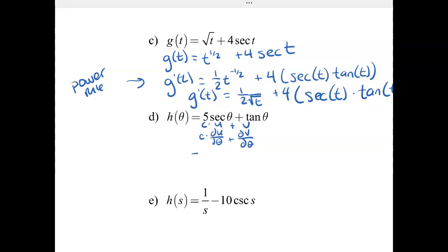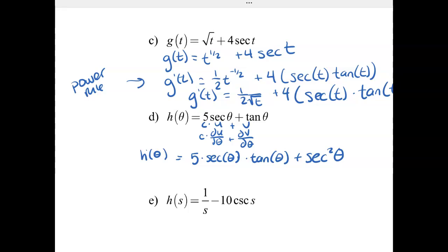Alright, so then I'm just going to have 5 h primed of theta times the derivative of secant, which is just secant tangent. So I'm going to have secant of theta times tangent of theta plus tangent. Derivative is just secant squared. And in this case, my variable is theta, so that's as cleaned up as I can get that.